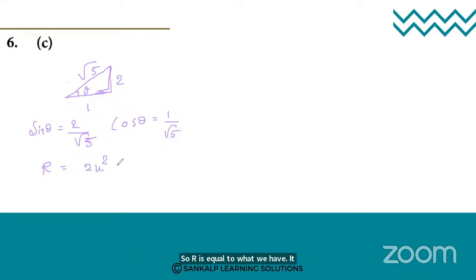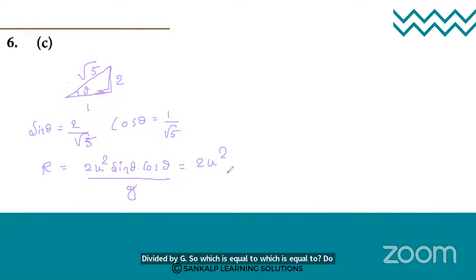So r is equal to 2u square sin theta into cos theta divided by g, which is equal to 2u square divided by g, and sin theta is 2 divided by root 5 into cos theta is 1 divided by root 5. Correct?